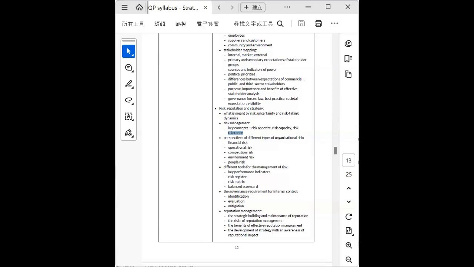So these three concepts actually help the company to align the strategic direction with the stakeholders' expectations. Right? Maybe the shareholders in a tech firm may push for bold moves.